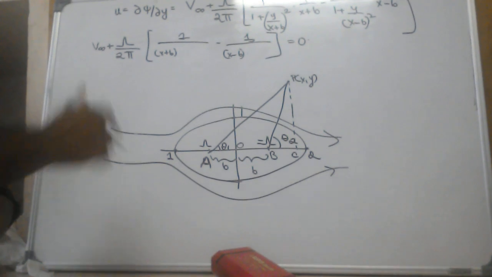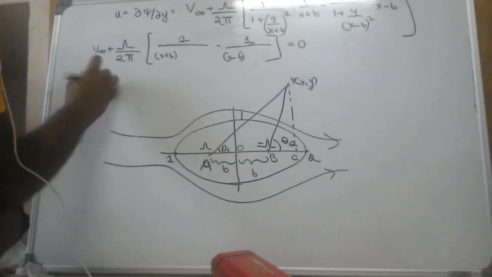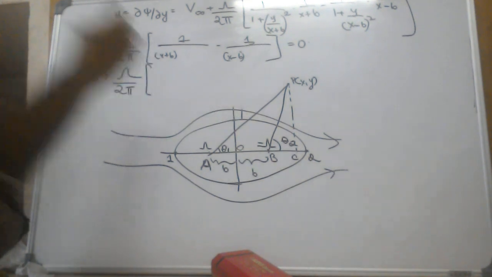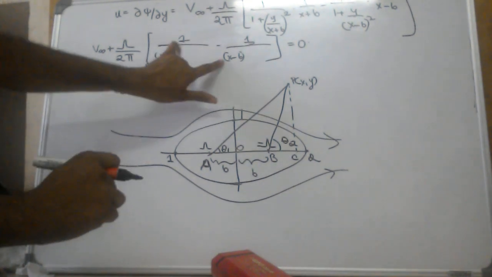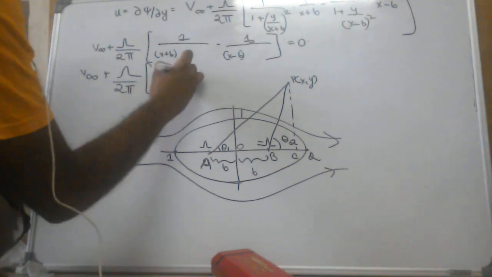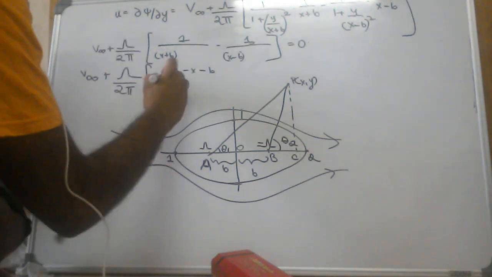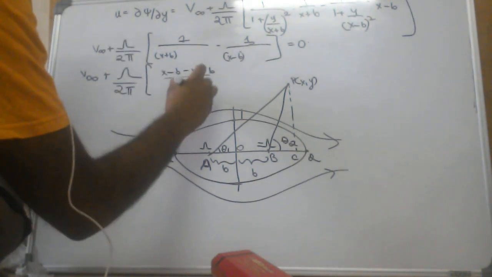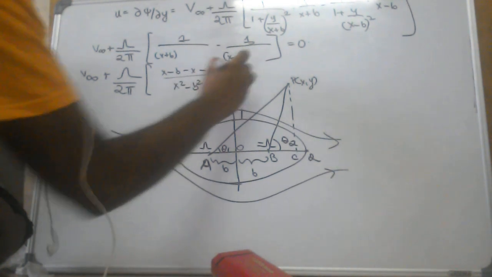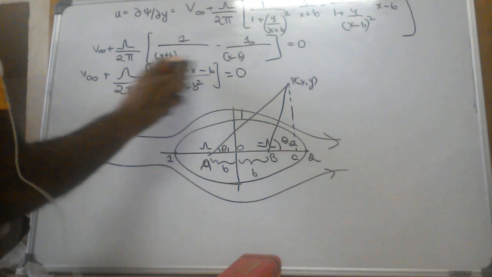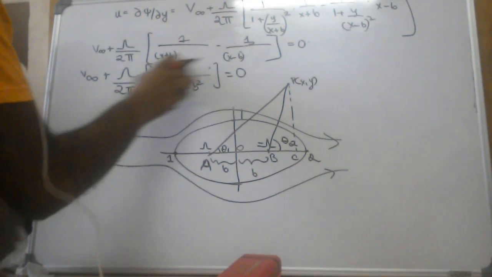Now on simplifying this, what I would get is V∞ + (λ/2π)((x−b) − (x+b))/(x²−b²) equal to 0. Now here we see that x gets cancelled off and I end up with a minus 2b.